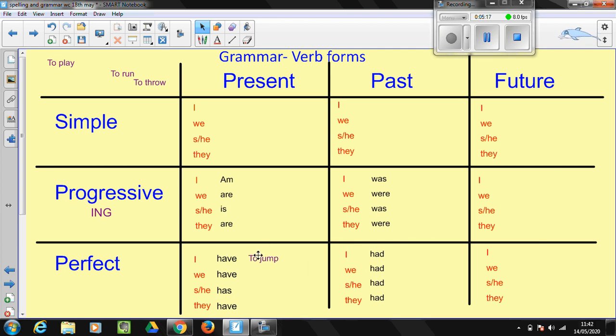I have jumped. And past, I had jumped. And future, I will have jumped. Try it with the infinitive, to run and to throw.